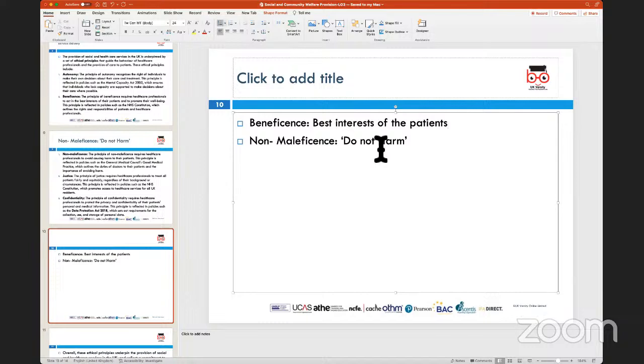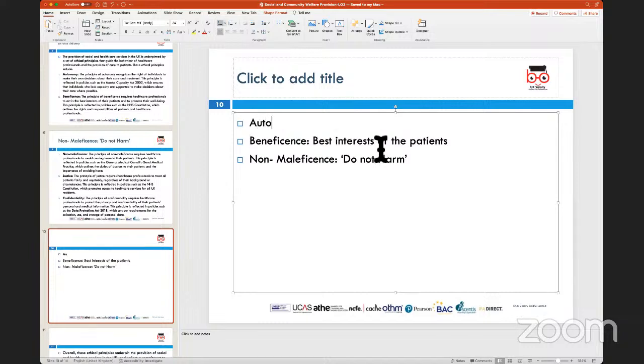When we talk about autonomy, what we are talking about here is the respect and dignity of the patients, essentially respect and dignity.